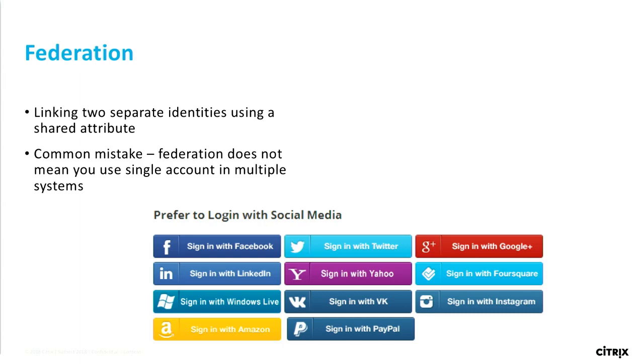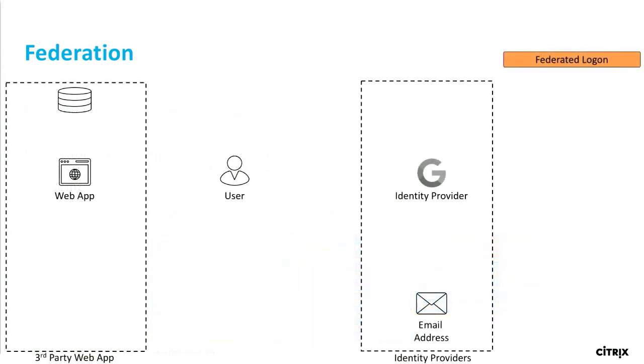So now to show you, this is going to be a very similar example to what I was showing for the authorization, because this is pretty much the same technology. Let's say that I'm going to log on to this web application and I don't want to register. I don't want to create a new identity, and I notice they have an option, sign in with Google. So I love it and I would like to use it.